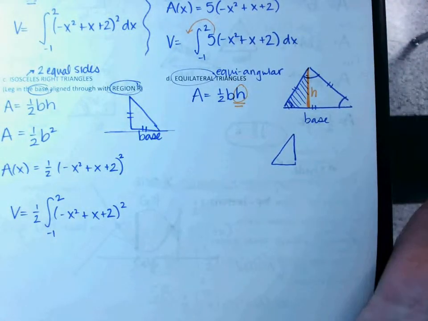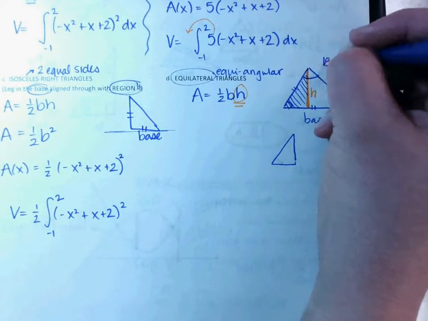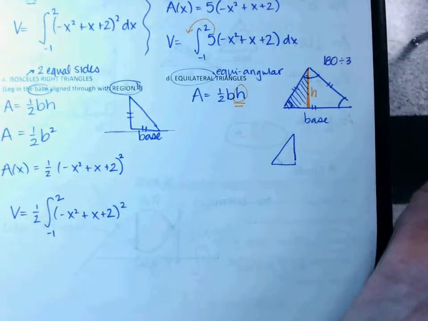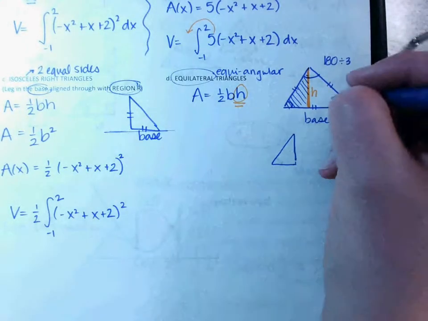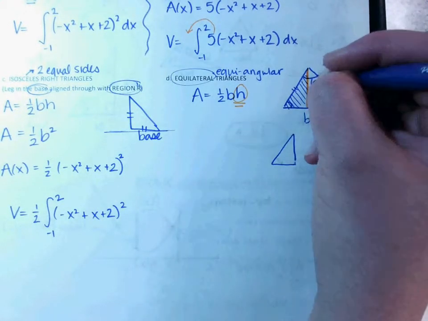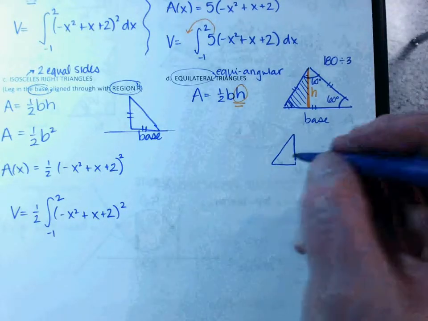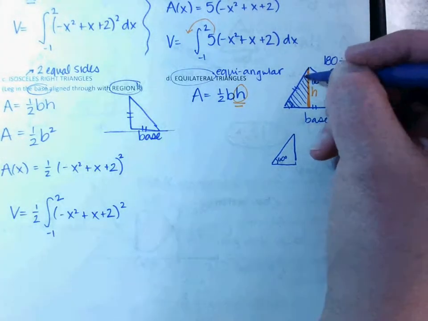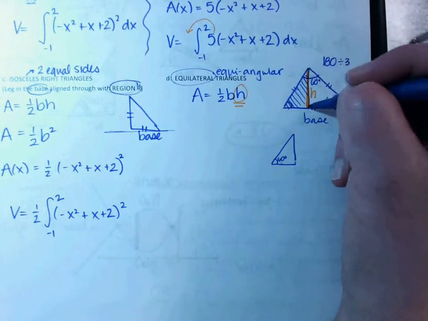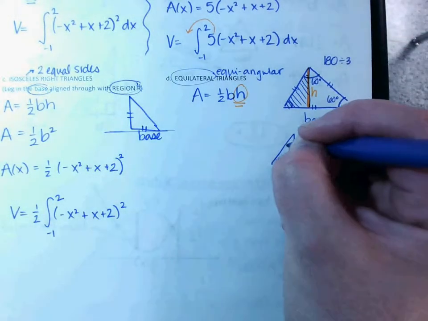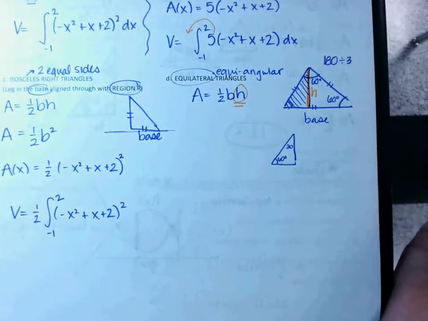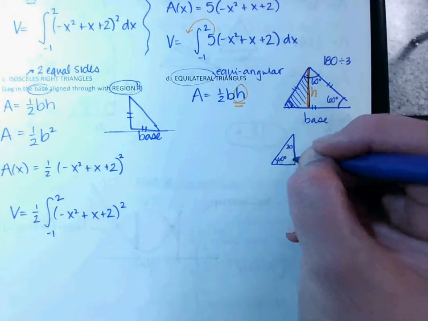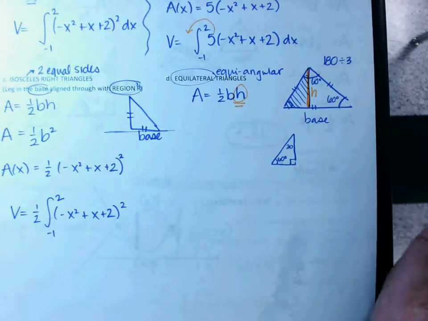Think about it: all of the angles in the triangle add up to 180, and if I divide that into 3 equal angles, each of these is going to be 60 degrees. So this angle down here is 60 degrees. Now, the top angle of this was 60, but I just spliced it in half, so that top angle is going to be 30. And if that's a 30 and that's a 60, then the other angle is a 90.